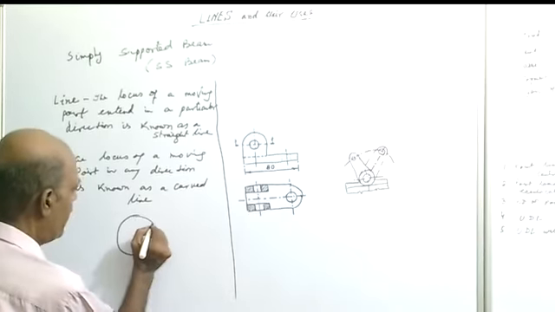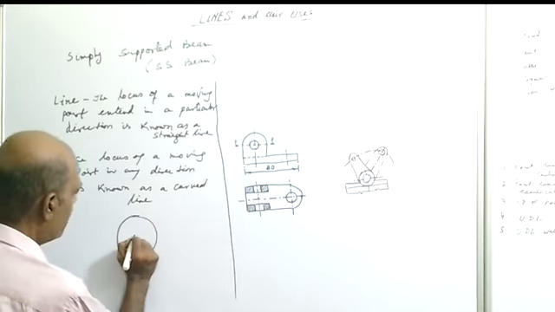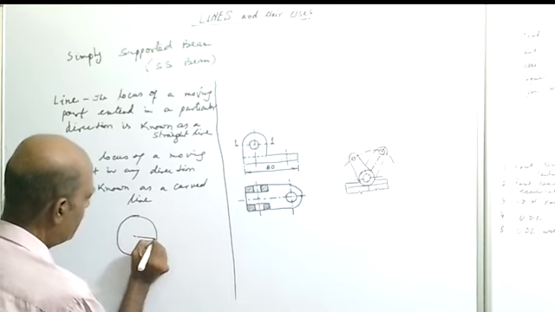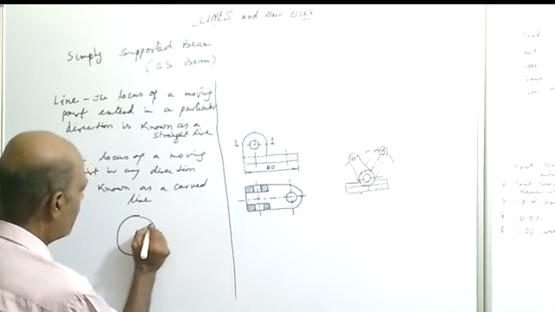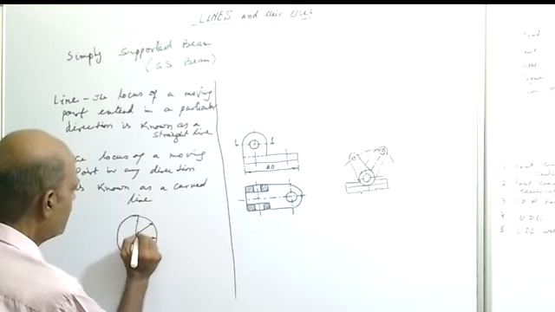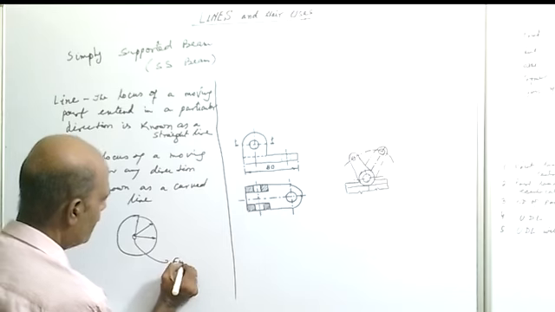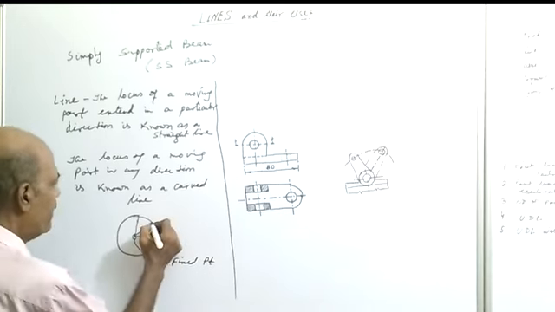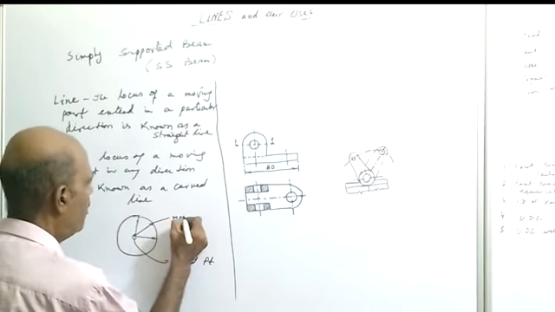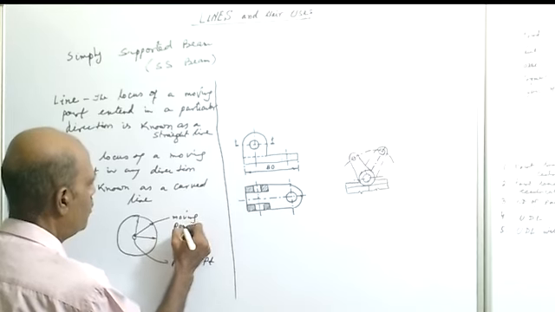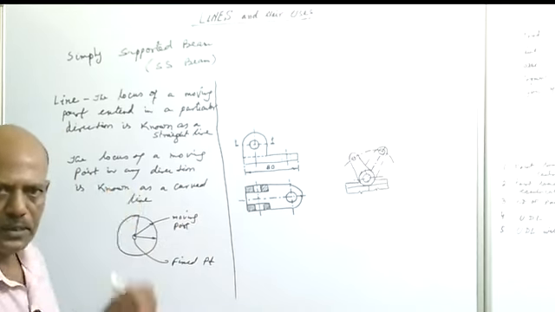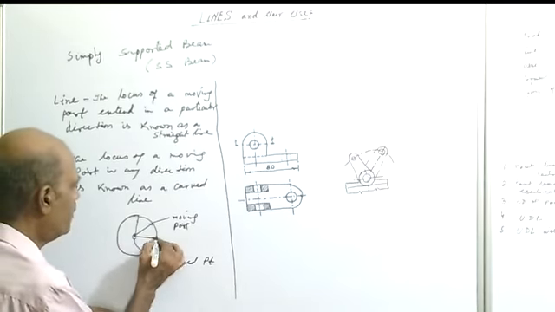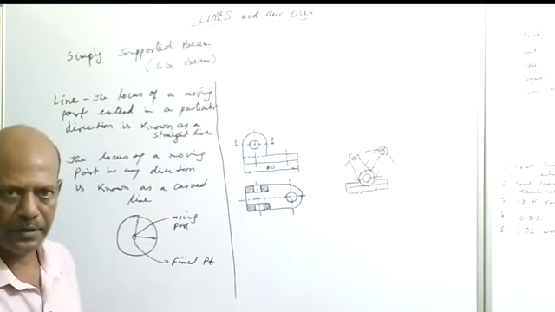The moving point is moving along the circumference of this circle, and the distance maintained from this fixed point to the locus is constant.